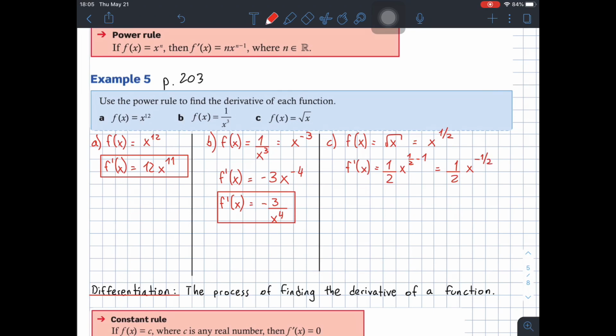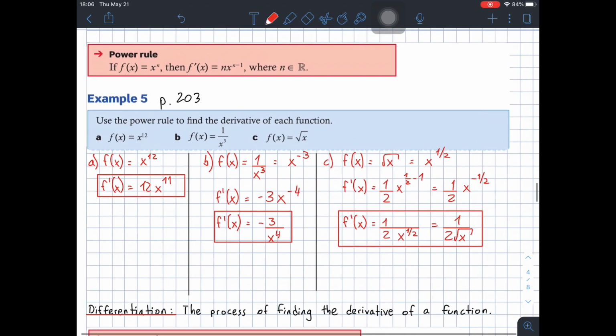And if we rewrite this in a more fashionable way, we could say this is equal to 1/2 of x to the power of +1/2 over here, which could be written in a more fashionable way by saying that this is equal to 1 over 2 square root of x, right? And this would be the gradient function in this particular case, okay?